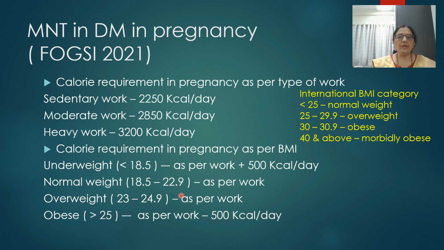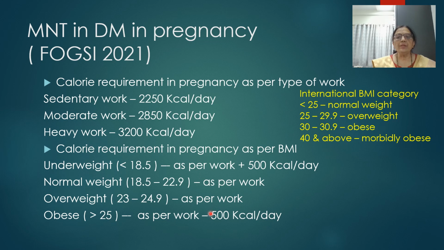Normal and overweight is 18.5 to 22.9 and 23 to 24.9 BMI. Then there is no need to add or subtract calories. But if a woman is obese, more than 25 BMI, then the calorie requirement is as per work minus 500 kilocalories per day. So 500 needs to be subtracted in that case.